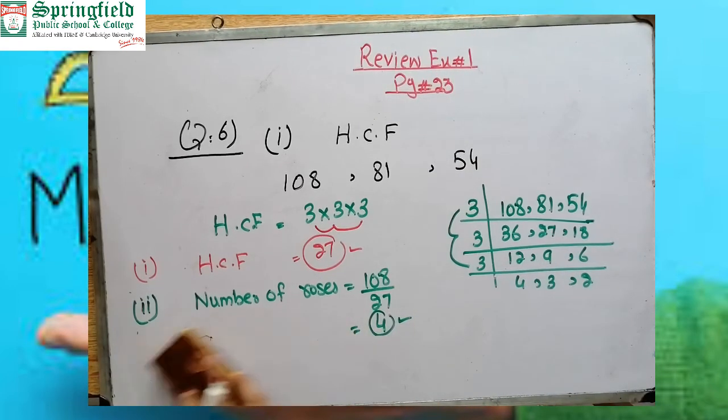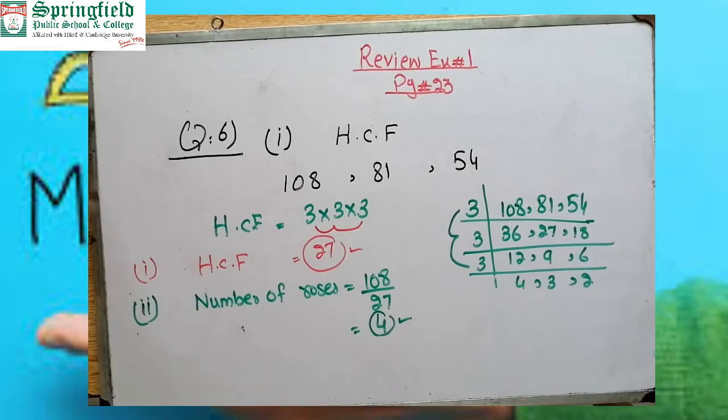Okay beta, after the number of roses, come to the number of lilies. Total number of lilies is 81, then divide by the number of baskets 27. 81 divided by 27, you can check on the right side, you will obtain just 3. It means each basket has 3 lilies.